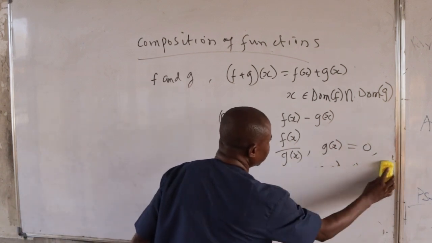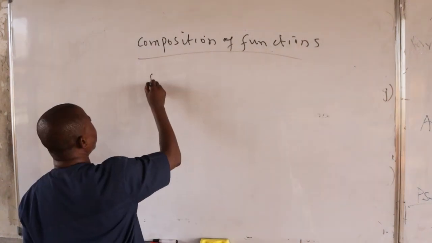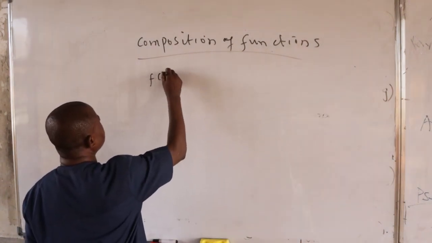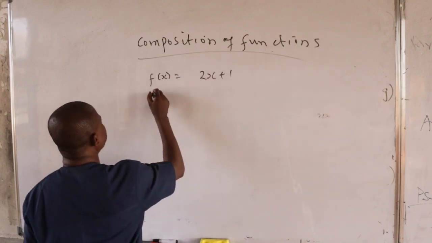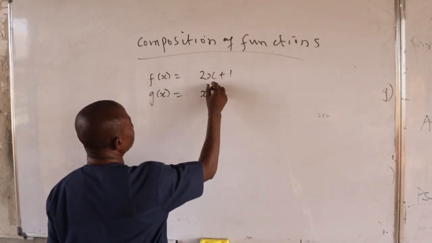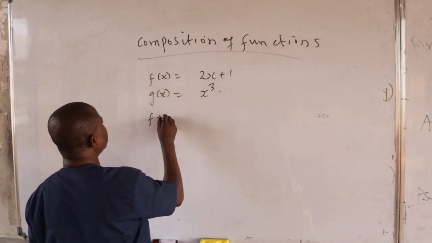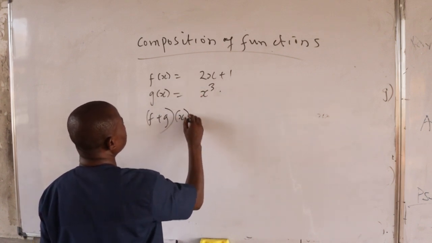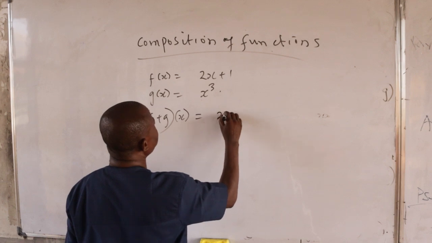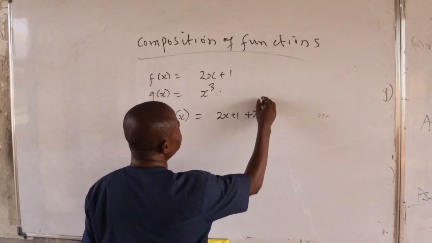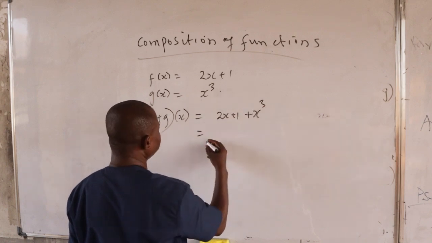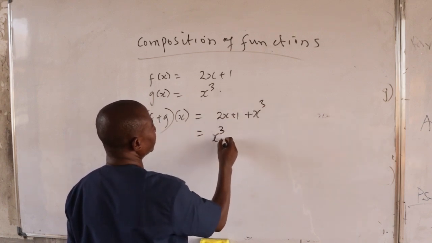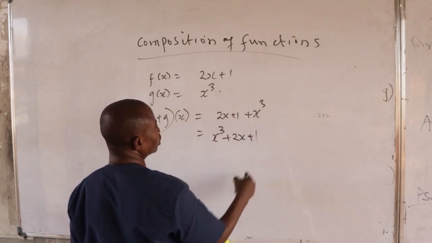That's our interest here. If f at x is equal to 2x plus 1 and g at x is x to the 3, then f plus g acting on x is simply 2x plus 1, plus x to the 3, which we can rearrange respecting the power: x to the 3 plus 2x plus 1.